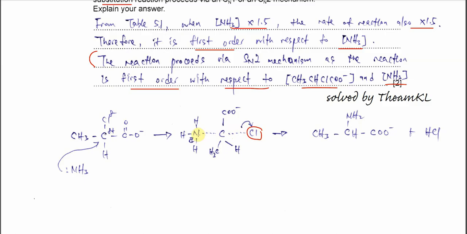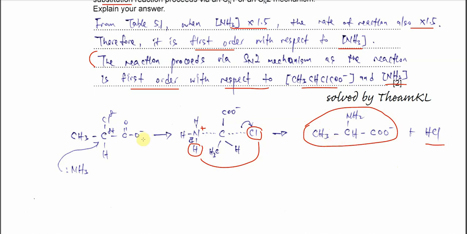The N-H bond will break, and this hydrogen ion will combine with the chloride to form HCl, and these are the products that will form, right?